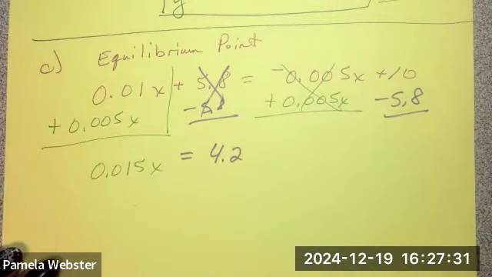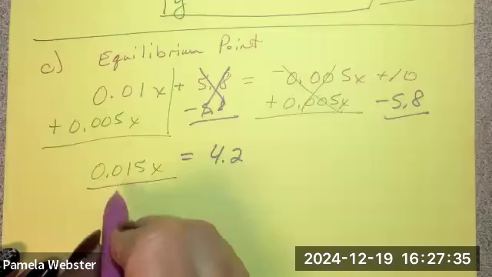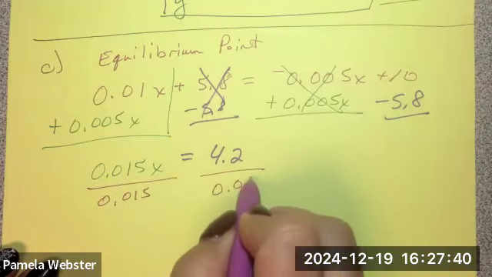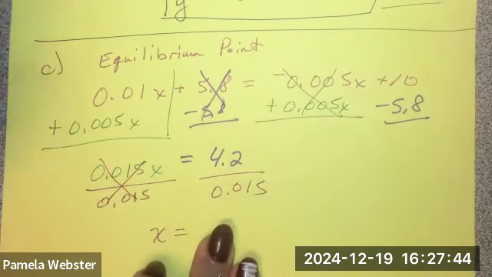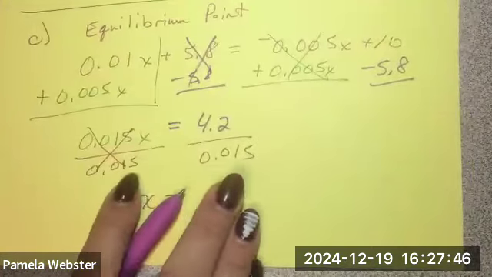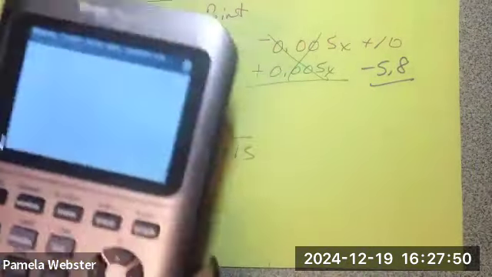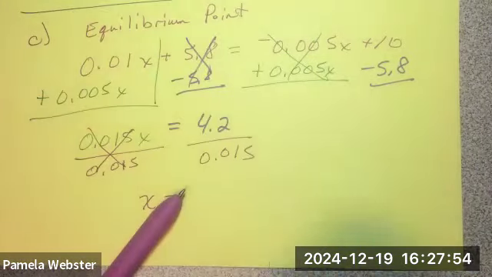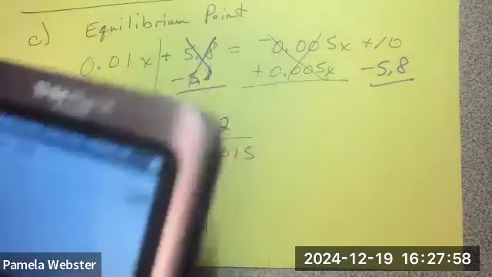And last but not least, get the x by himself. He's being multiplied, so I'm going to divide him. That's x equals, and we better do this on the calculator so we get it right, because that's a lot of decimals. 4.2 divided by 0.015, and I'm getting 280.